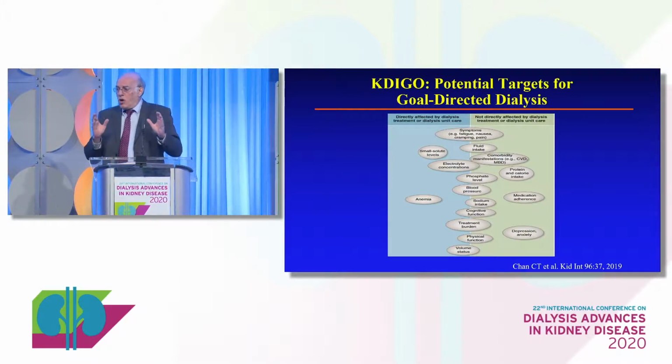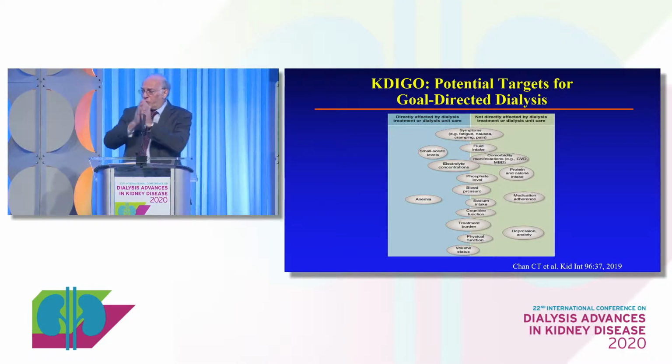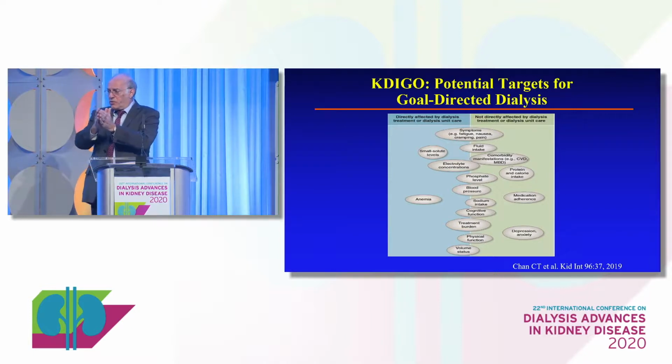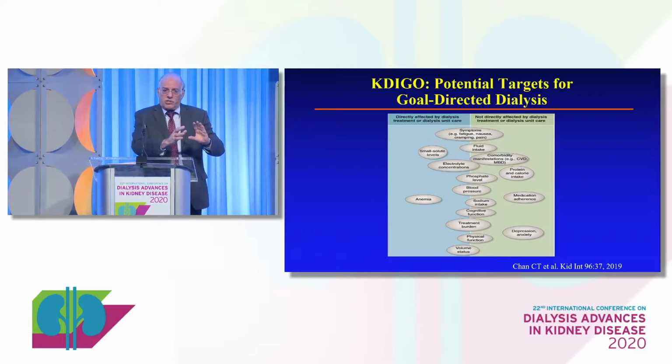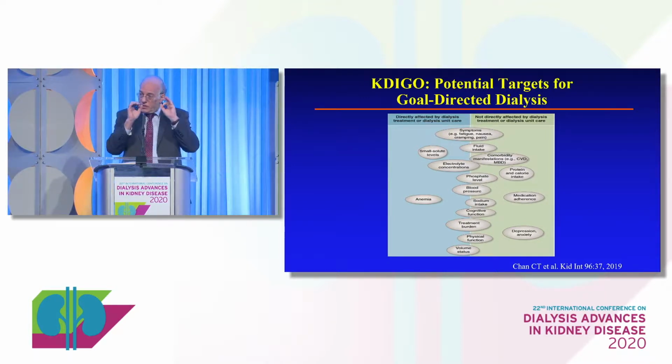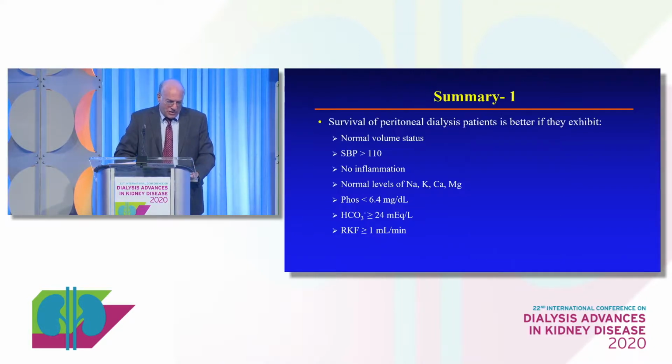We don't know that taking someone with a serum bicarb of 21 and then prescribing sodium bicarb to bring it to 25 will in fact change their survival. So that's a very important caveat. I think these are important associations. I think we should strive to achieve the appropriate levels or ranges, but I can't prove to you that doing so is the right thing to do or will have the desired outcome.